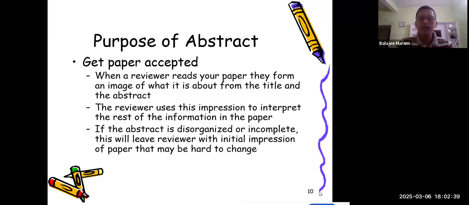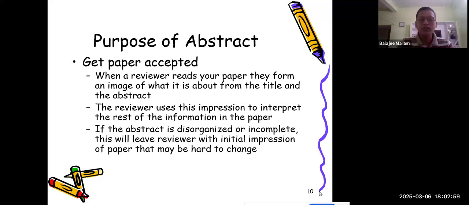Second one, the reviewer uses this impression to interpret the rest of the information in the paper. So without checking the entire paper, he simply checks the abstract only, and the abstract should explain each and every point of the entire paper.